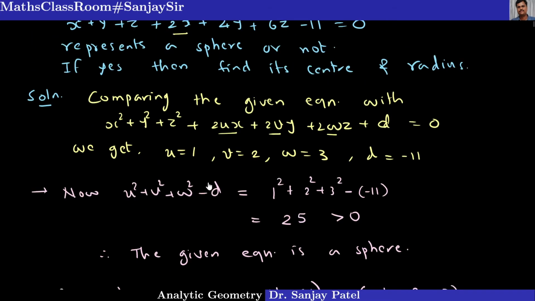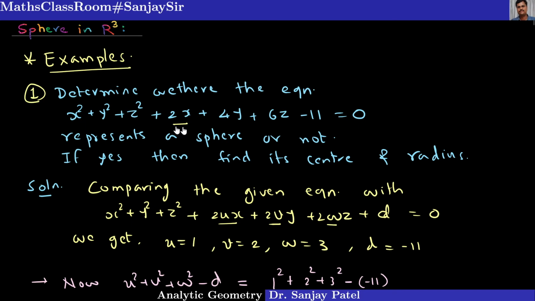That will be very useful in future. Suppose this type of equation is given and you are told that it is a sphere, and find the center and the radius. Just divide the coefficient of x, y, z by 2 and change its sign. If it is plus, make it minus. If it is minus, make it plus. So here it is minus 1, minus 2 and minus 3. That will be the center.